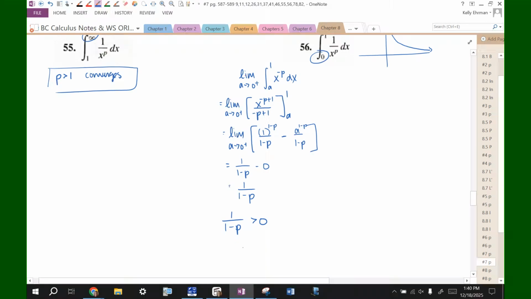Putting it on a number line, if p is anything smaller than 1, this stays positive. If it's anything greater than 1, I get something negative.